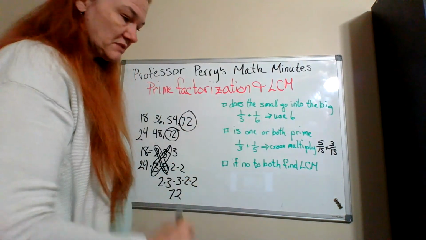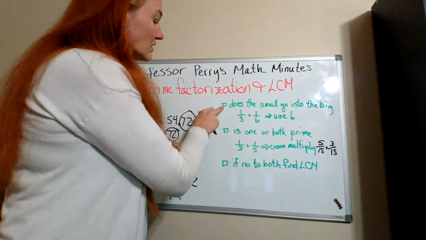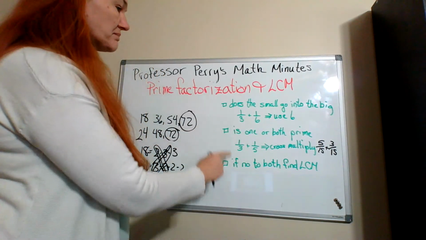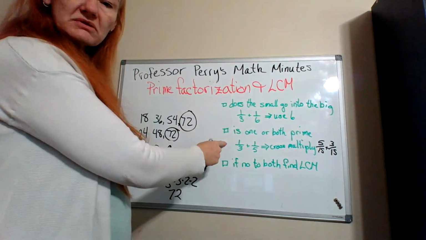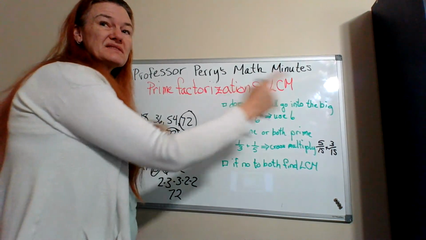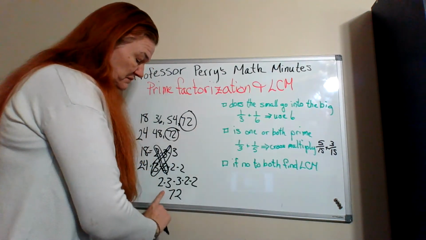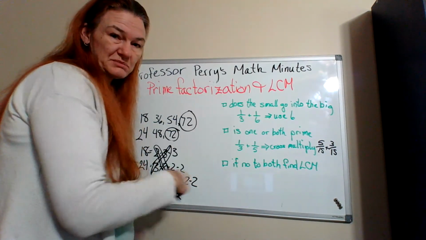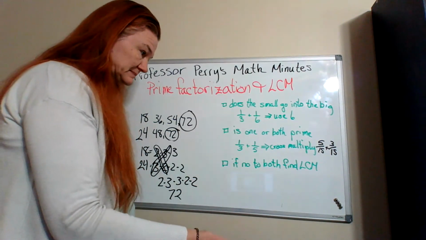Gives me 15 on the bottom. If no, then I go to least common multiple. Okay? You can cross multiply all fractions, but then you have to simplify at the end. If you find the least common multiple, it's less likely that you have to simplify when you get done.